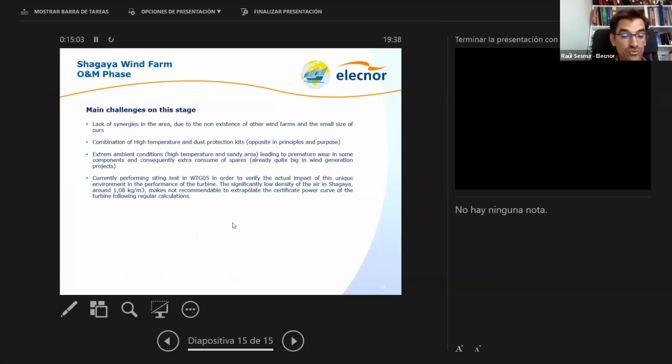And finally, to talk about the main challenge during operation and maintenance: due to the small size of the wind farm, we can have the same problems as other wind facilities, increased by the high temperature, dusty environment, and the long distance from any other wind farm facility. An increase in the size of the wind farm would help a lot, as we would get more support from the manufacturer.